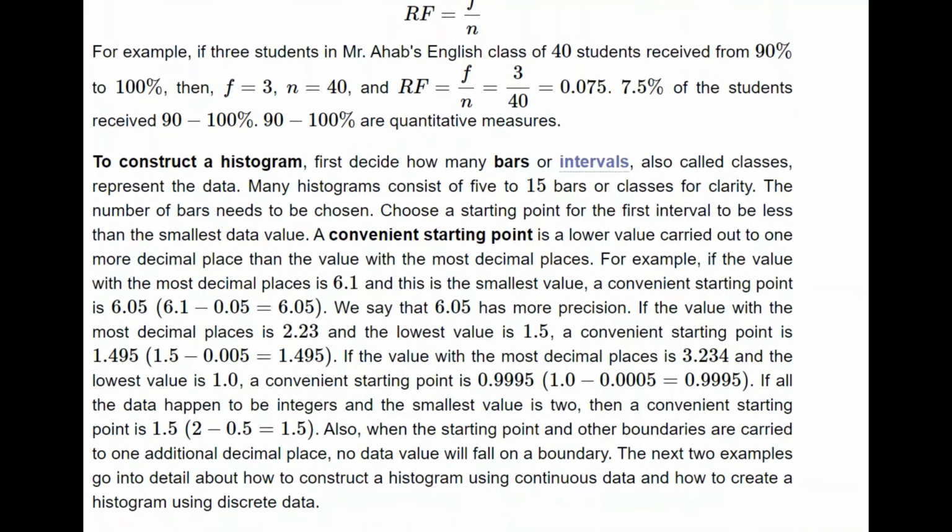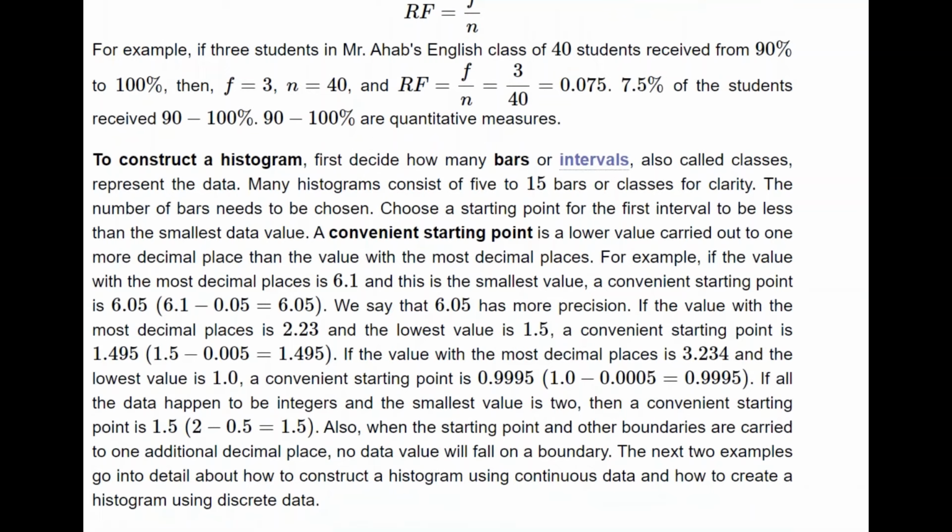To construct a histogram, we decide how many bars we need, and those bars are also called intervals. Many histograms consist of 5 to 15 bars, just for the purpose of clarity, and it should be your choice how many bars you choose. And the convenient starting point would be the lower value carried out to one more decimal place than the value with the most decimal places.